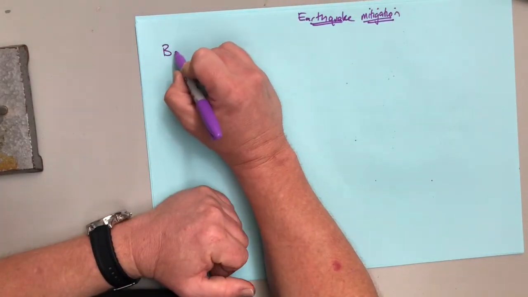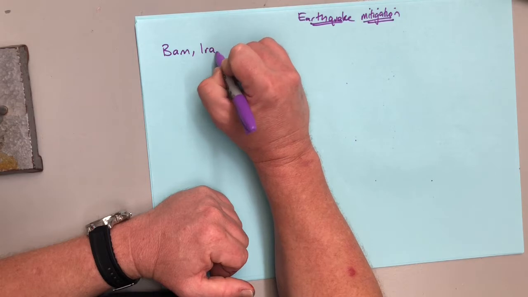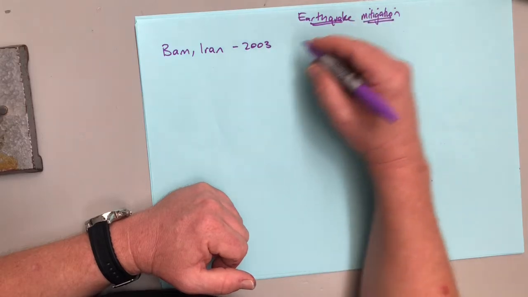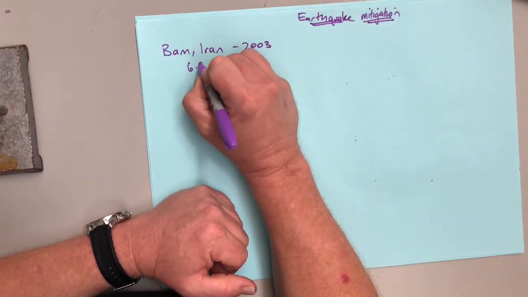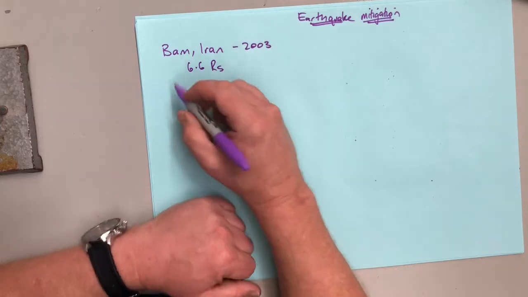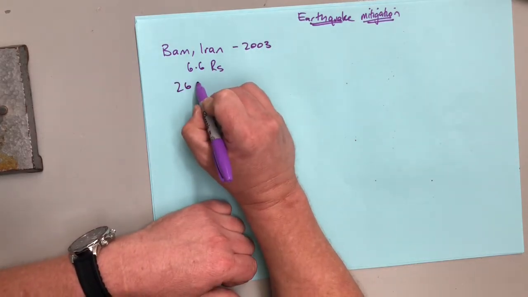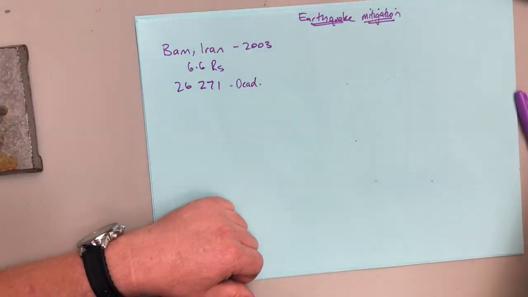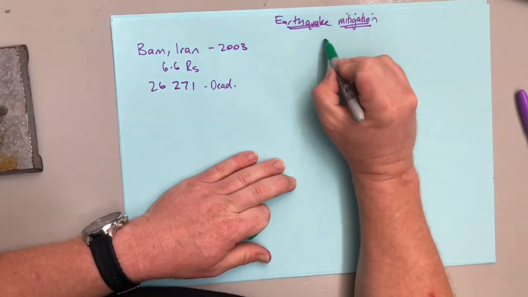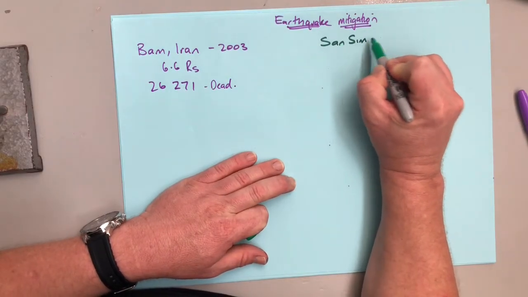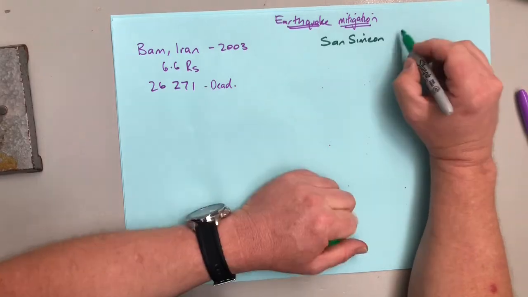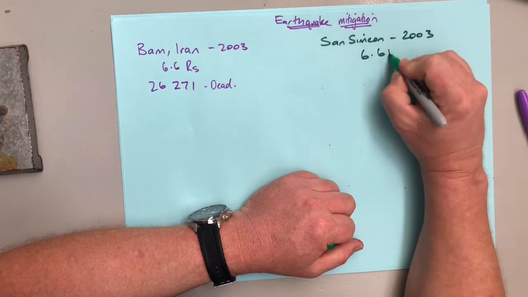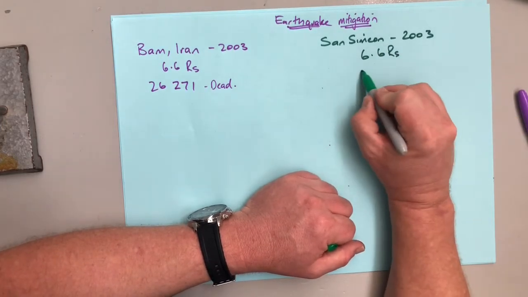And that's to look at 2 earthquakes: Bam in Iran, and that's 2003, with a 6.6 on the Richter scale and 26,271 dead. At the same time, we had the San Simeon earthquake in 2003. It was 6.6 on the Richter scale also, and we had 2 dead.